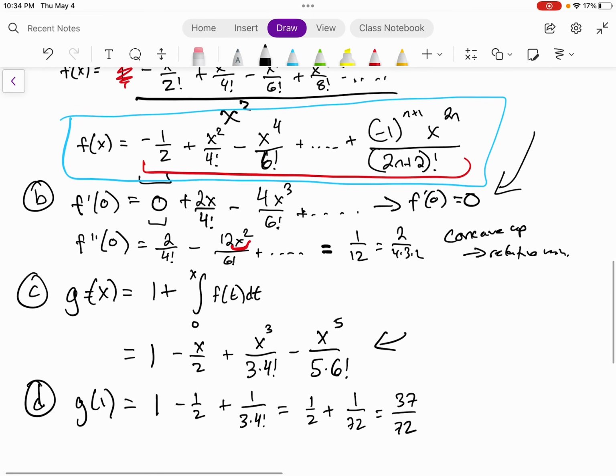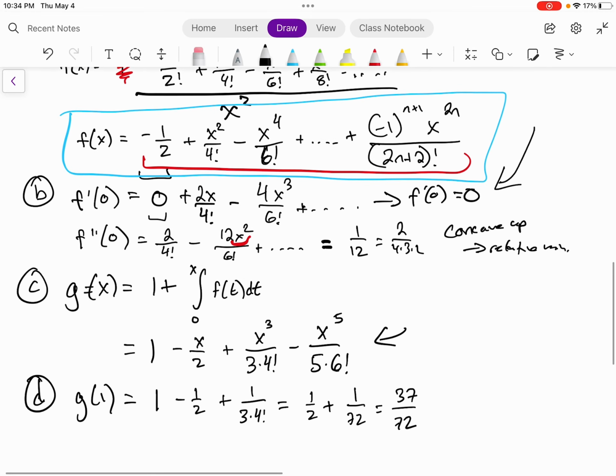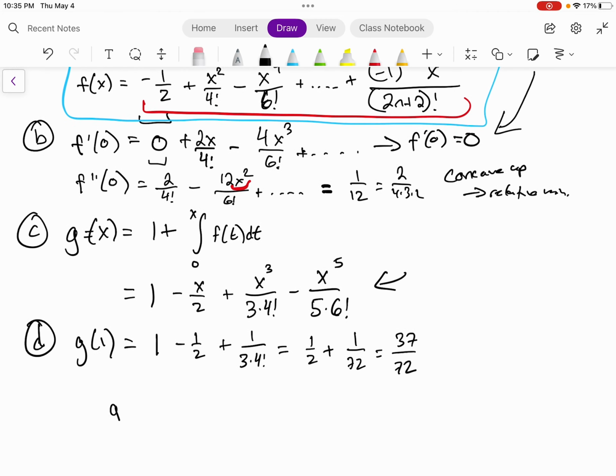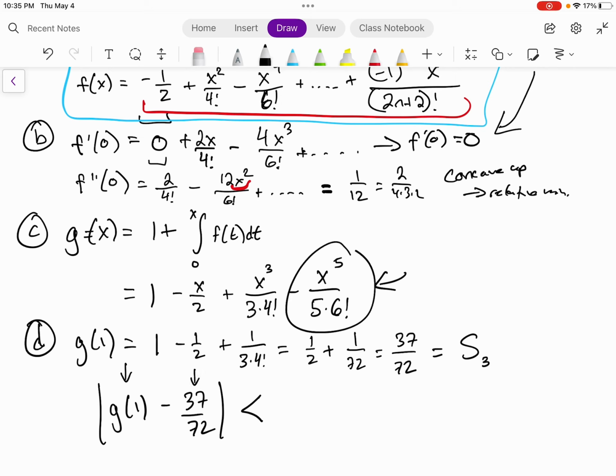We know that in an alternating series, from what we saw above, the most that we're actually off by, the difference between g of 1 and this partial sum, remember, this is the 3rd partial sum here, has to be less than the next term.